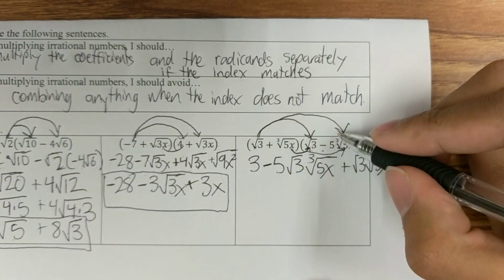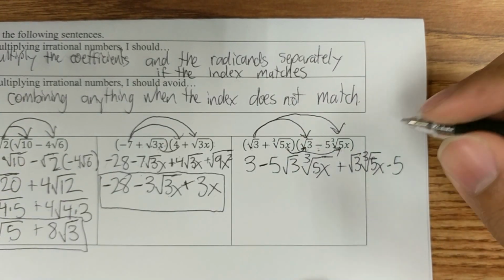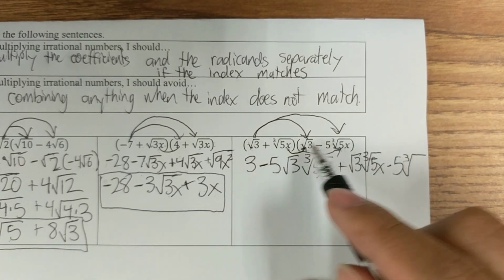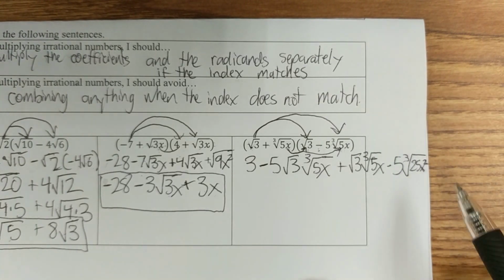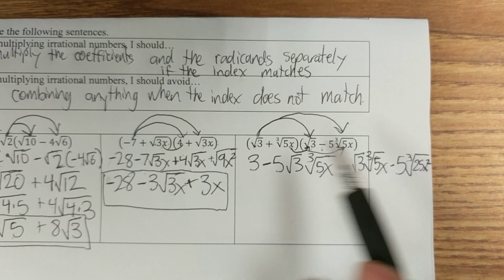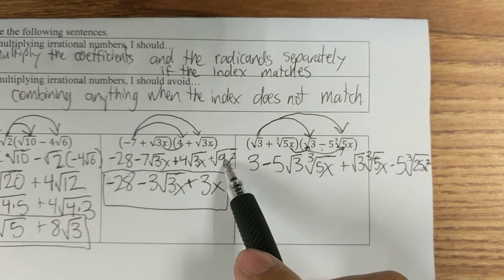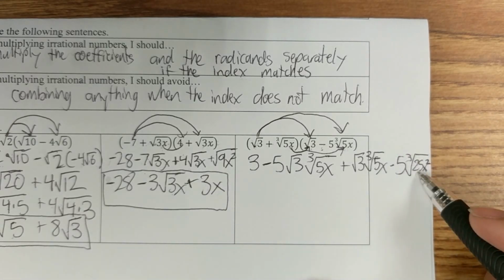So the coefficients, negative 5 times positive 1 is negative 5. Then we have the cube root and multiply the insides together. 5x times 5x is 25x squared. Okay, so notice we cannot do the same thing we did over here, because here square root of 9x squared, square root of 9 is 3. But here we're not taking the square root of 25, we need the cube root.